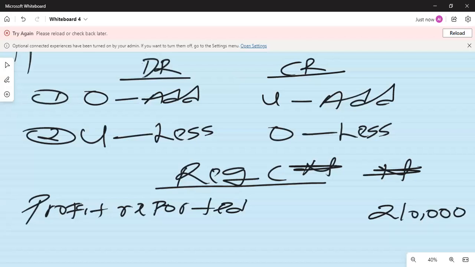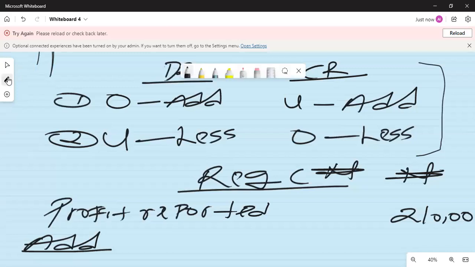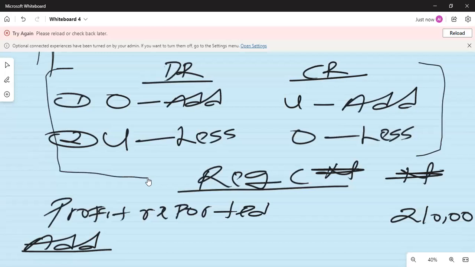So we are going to say add, then less. We are not going to look at what the items are. This is our guide now. Once you say profit reported, the next thing you do is add and less.